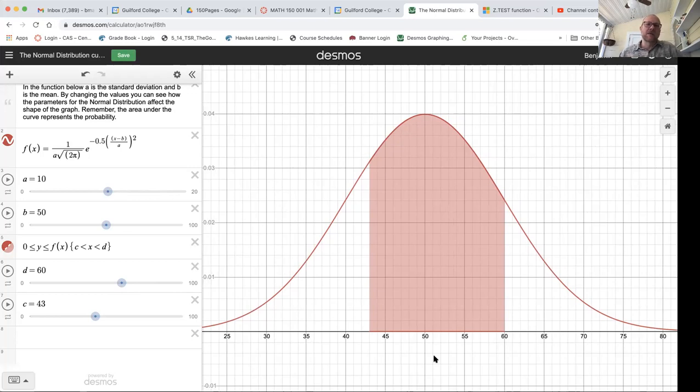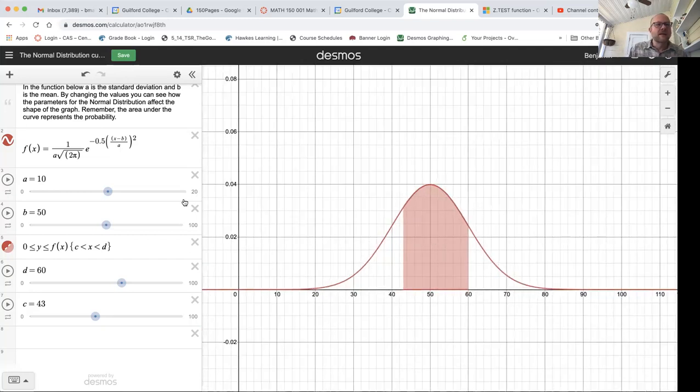If we are looking at something that is normally distributed, we can figure out the probability that an x value would fall into a certain area by looking at the area between 2 x values.